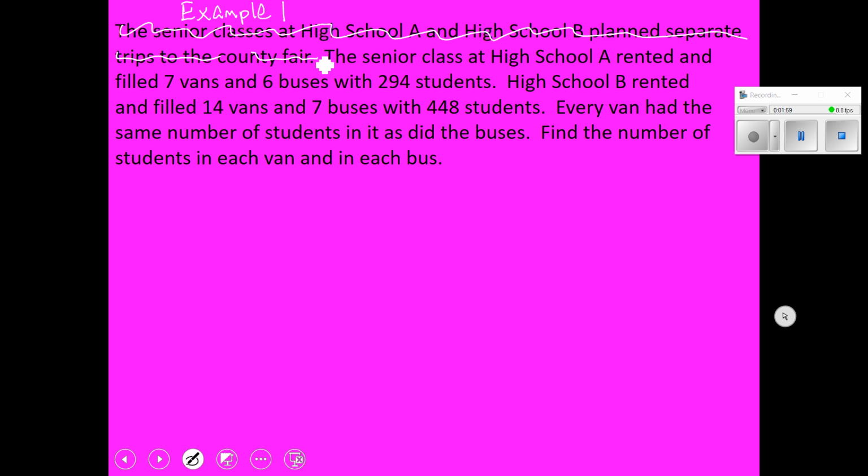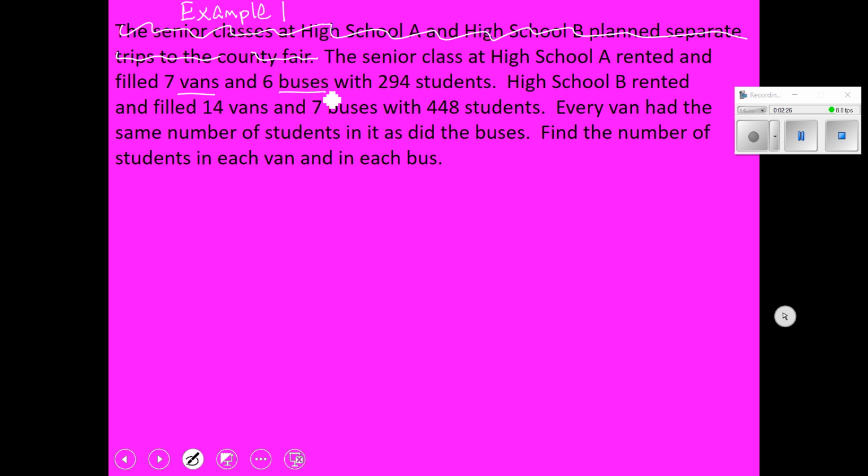The senior class at High School A rented and filled 7 vans and 6 buses with 294 students. Well, first of all, how do I know I'm going to be setting up 2 equations? I should see 2 variables up there. I see vans and I see buses. For every variable, you will have an equation.